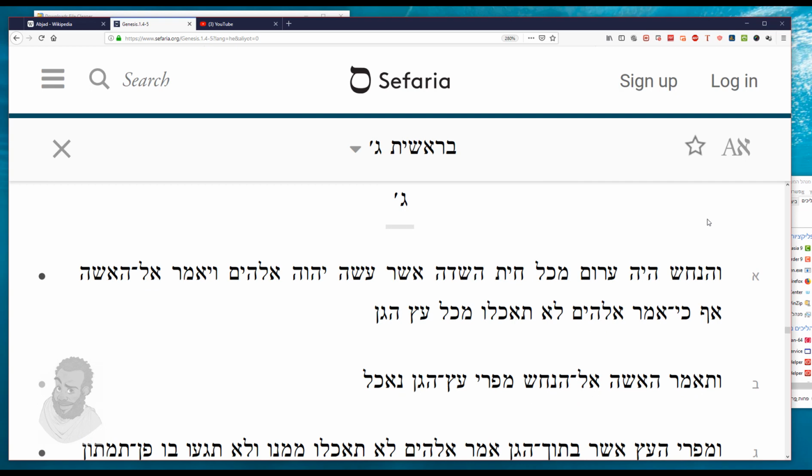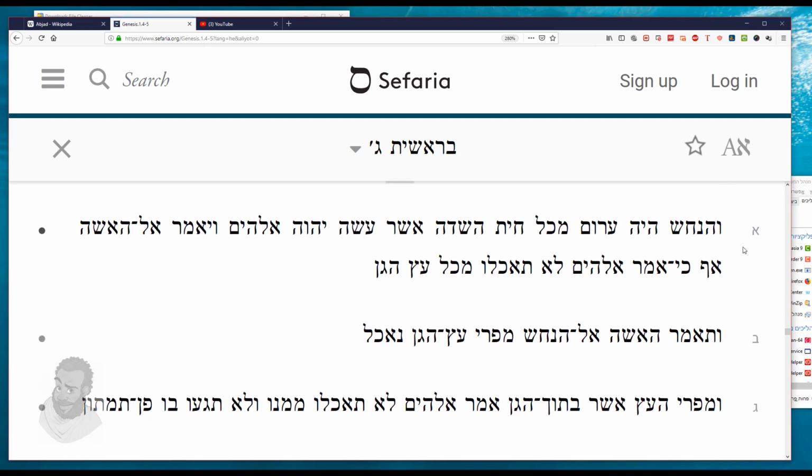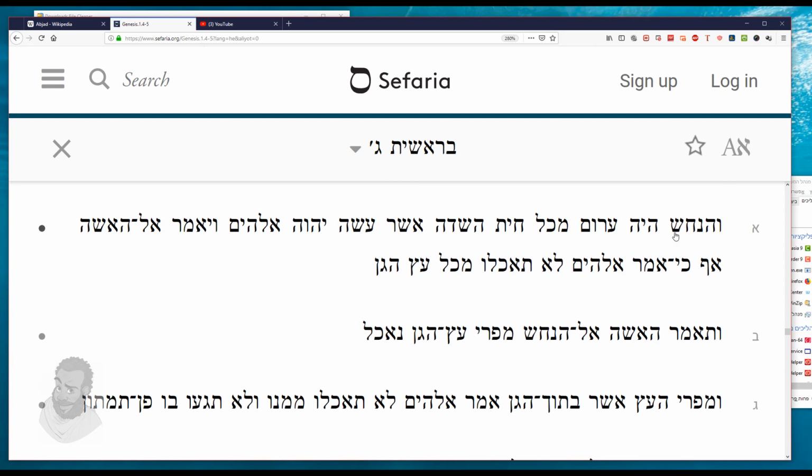I love the interaction between Adam and Hawa in this story right here. So it says, "Wehanahash," and I know this is we. This is an. Ha. This is ha.